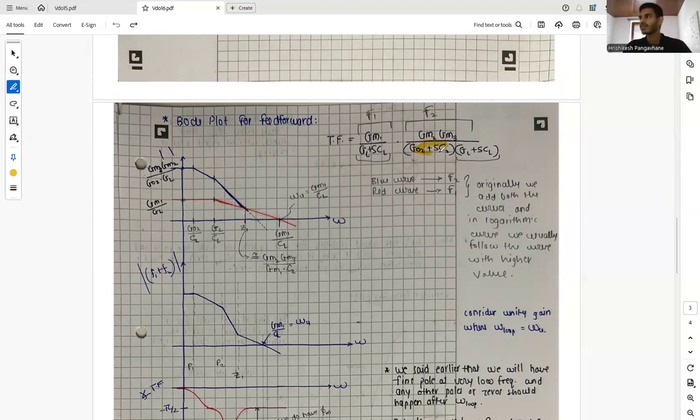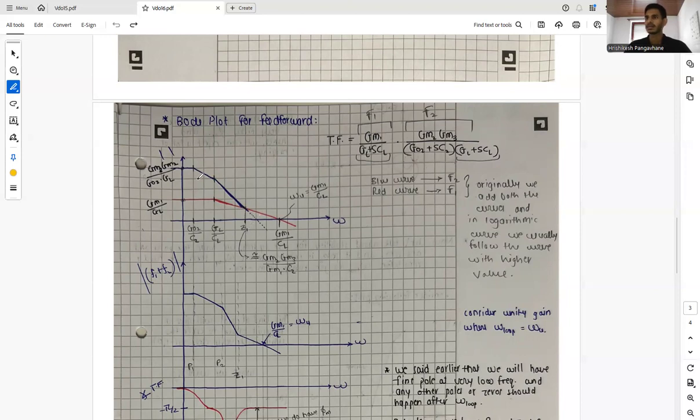Our second function has two poles, so it starts with its ideal DC gain, then after the first pole we have this roll off, and after the second pole we have minus 40 dB per decade roll off. These are the values for our two poles, and this is where our first zero might occur, as we will see shortly.